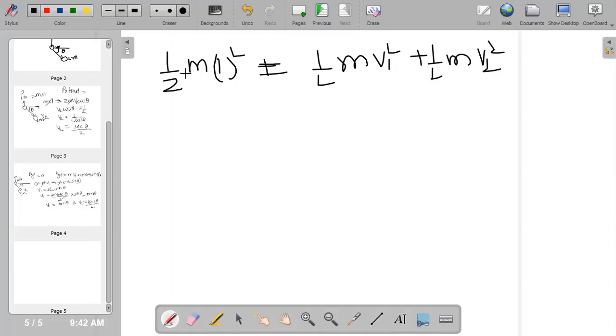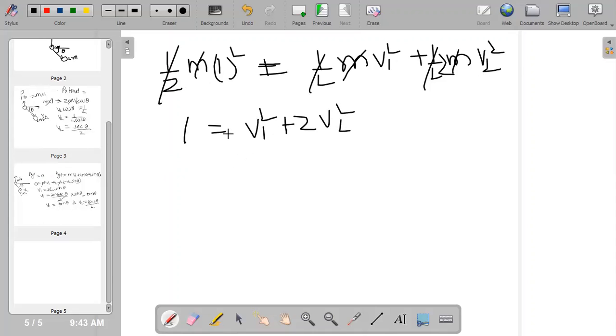Here the initial velocity was 1, so I put 1. Now if you look carefully, sorry, this should be 2m. I can cancel all the m from both sides. I can cancel all the half from all the three terms. So we'll have 1 equals v1 square plus 2v2 square.